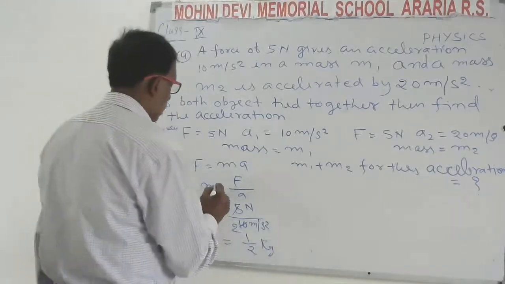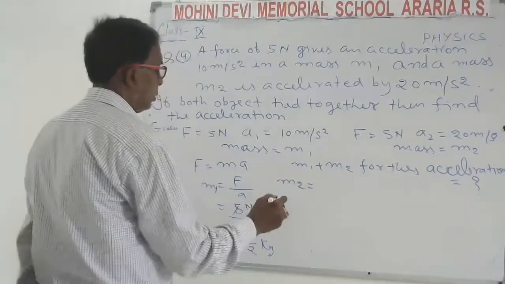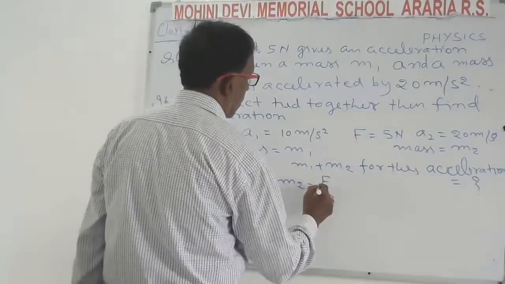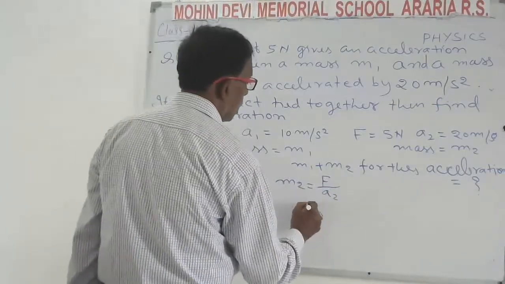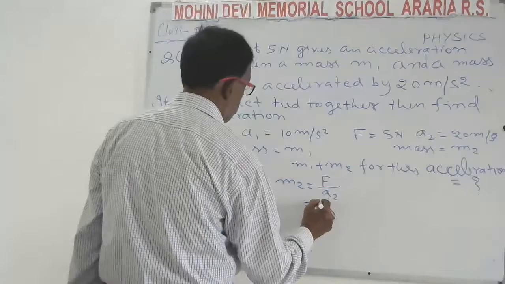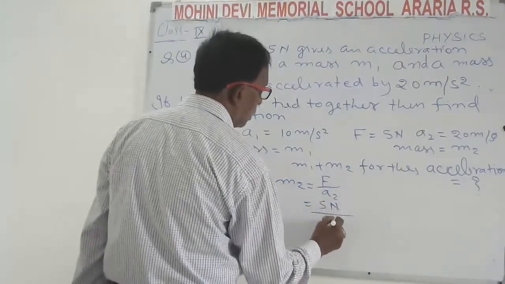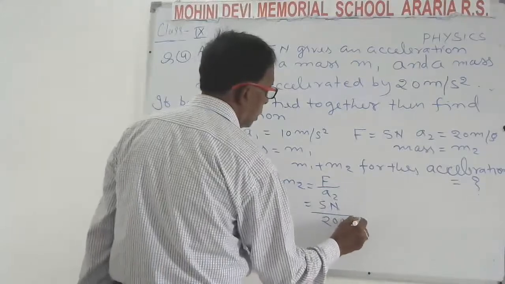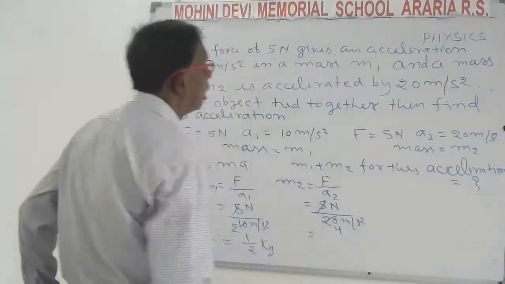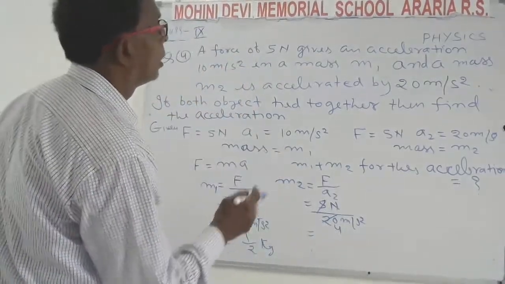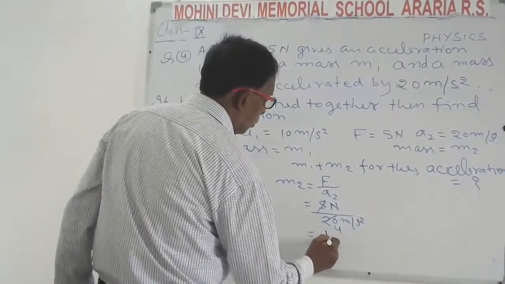And for the second object, m2 is force by acceleration A2: the force is the same 5 Newton, and the acceleration produced is 20 meters per second square. It cancels, and the answer is 1 by 4 kg.